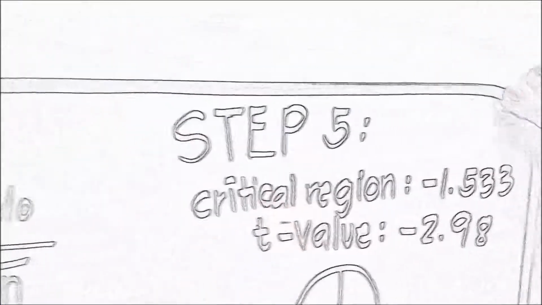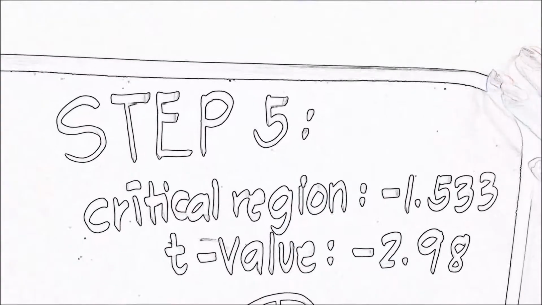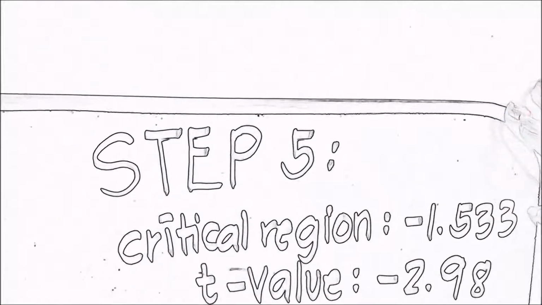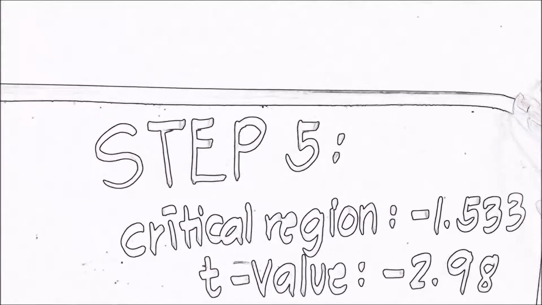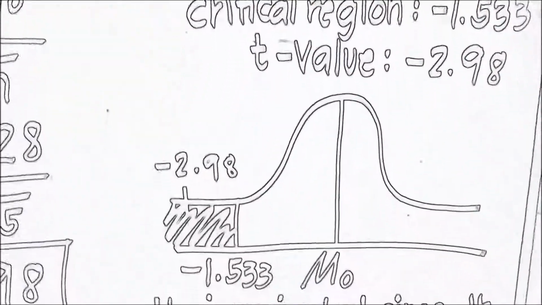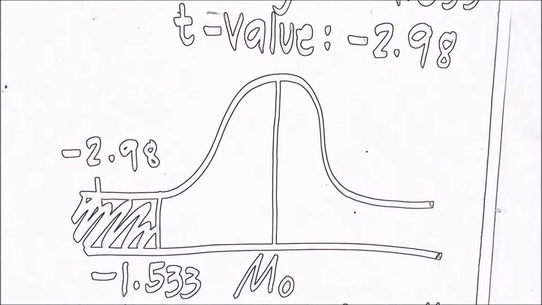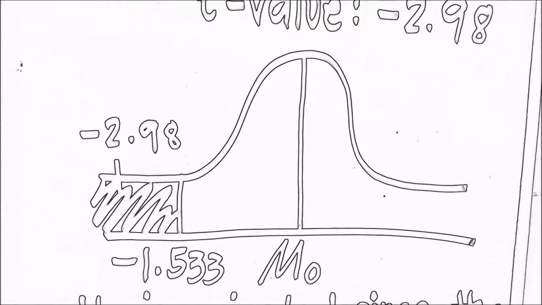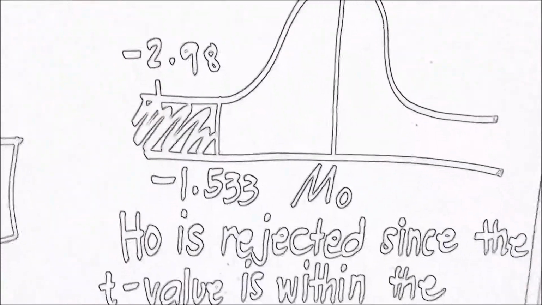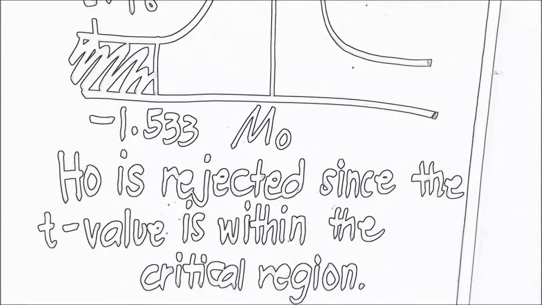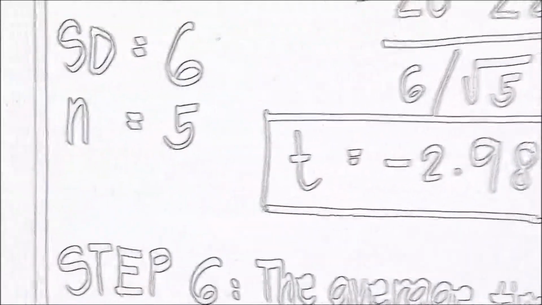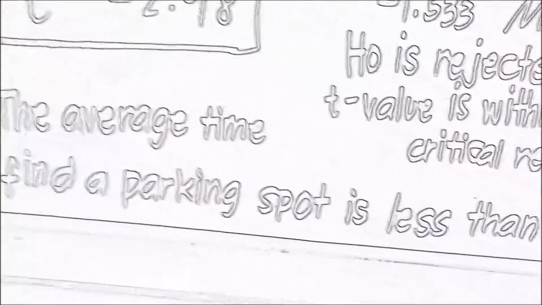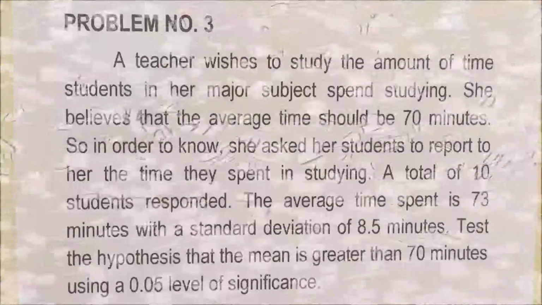In step 5, use the critical region in step 3, which is negative 1.533, and step 4's t-value of negative 2.98, to create a curve which has one shaded part on the left side, and the t-value is located in the critical region, which means that our HO is rejected. Which brings us to our step 6, that the average time to find a parking spot is less than 20 minutes.